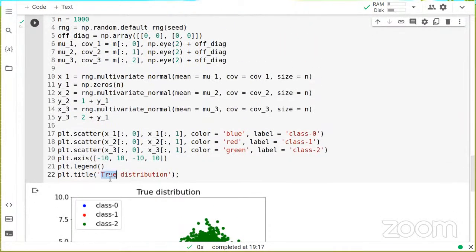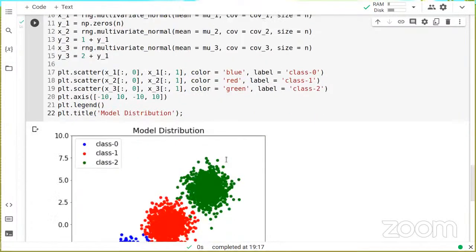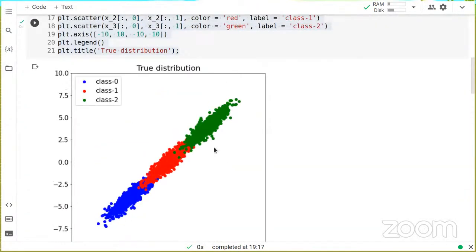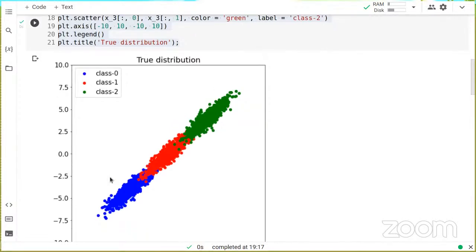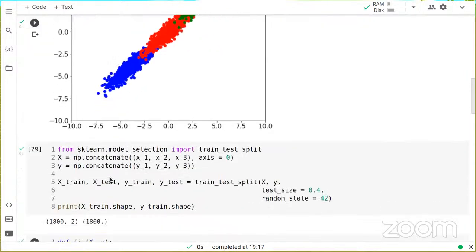So this is not the true distribution. This is how the distribution would look if I generate points from my generative model. Do you now get the difference? This is how data actually looks like. This is the data set that is given to me, but I chose to model this data set using naive Bayes.